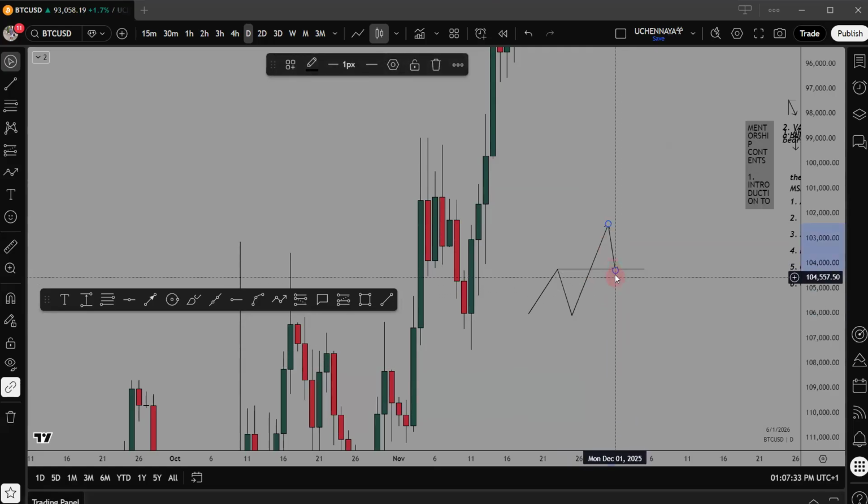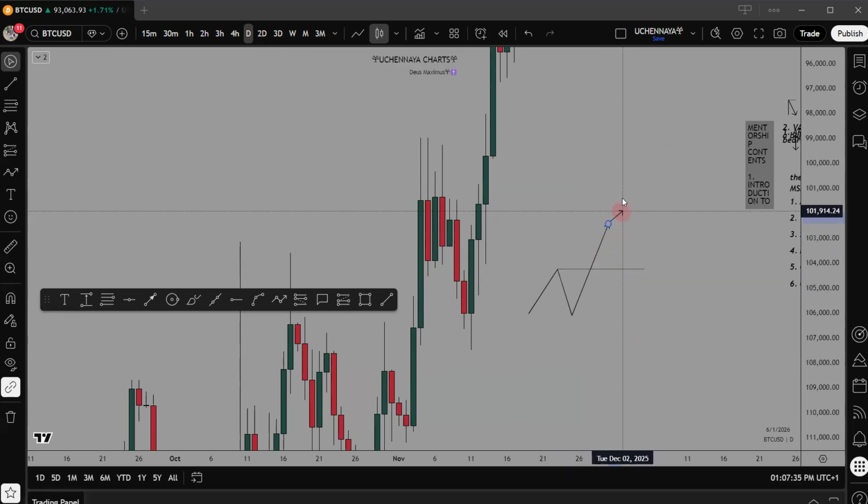You expect price to come, tap into this level, and then keep buying.